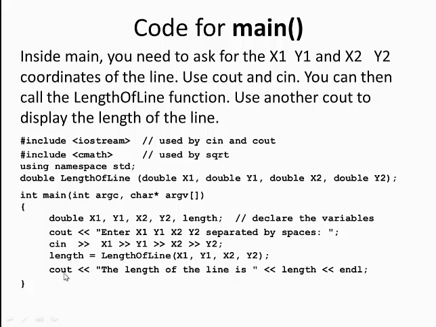We can use the cout statement to display the length of line. So then we can say cout, the length of line is, I want a space right here so that the numbers won't be shoved right next to the word is. This is going to be the numeric value that was stored here that we got from the function length of line, and endl to move the cursor down to the next line.